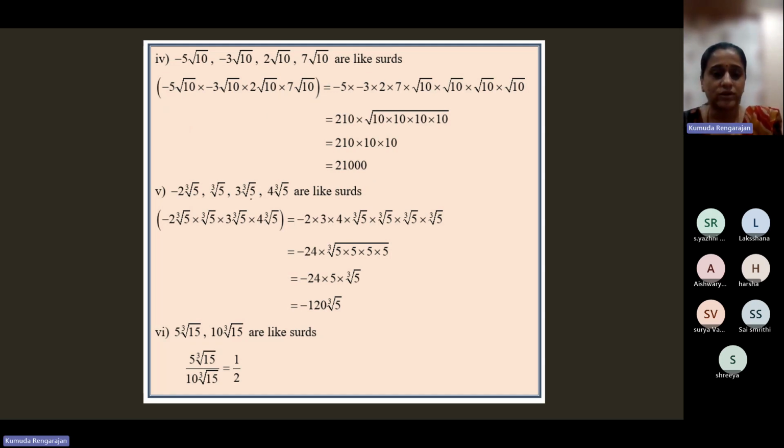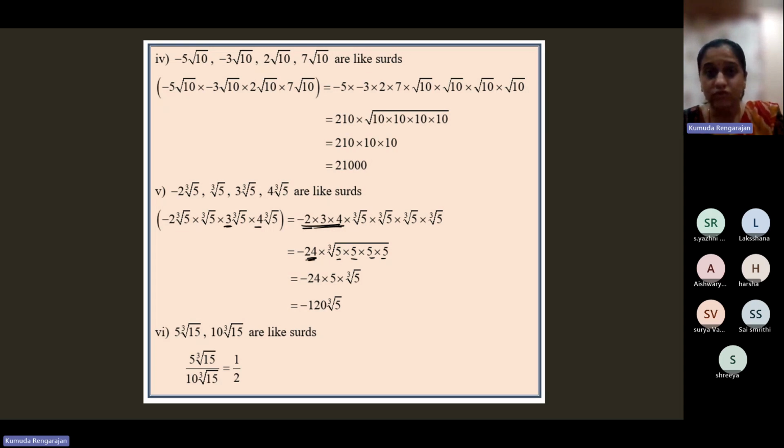Now see how to multiply this one. So minus 2 into 3 into 4 into 3 into 4. And then cube root of 5, 4 times. So this product is minus 24. And here the cube root of 4 fives under the cube root symbol, 1, 2, 3, 4.